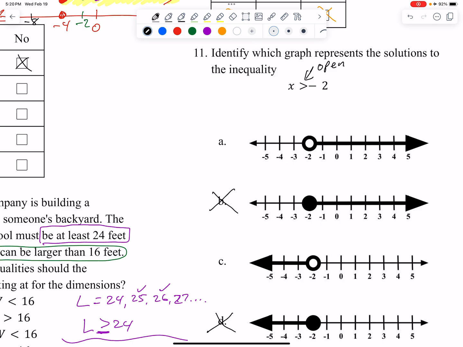Well, I've got to figure out what direction it goes. In this case, since my x is first, or it's on the left, whatever direction it points is the direction it goes. So I'm going to be left at -2. Good, right? All of those. But I have to go to the right. So in this case, it should be A.